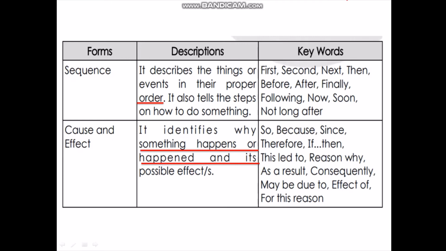The keywords that tell us the informational text is cause and effect are: because, since, therefore, if, then, this led to, reason why, as a result, consequently, may be due to, effect of, and for this reason.